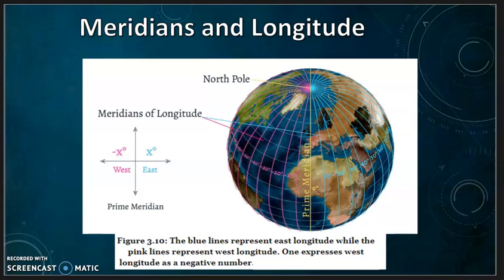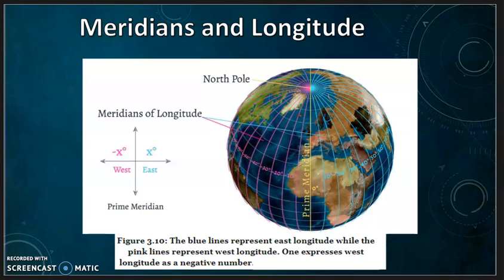Meridians are a series of lines that run north-south and pass through the poles. The name comes from the Latin word for noon. One measures the distance from one meridian to the next using degrees of longitude. Historically, the origin of longitude was an arbitrary location, usually set by a cartographer's nation of origin.